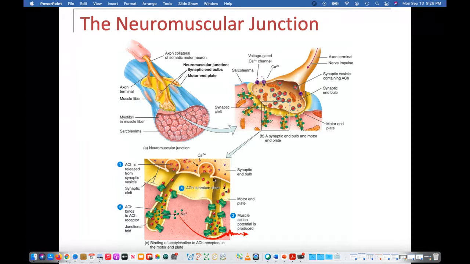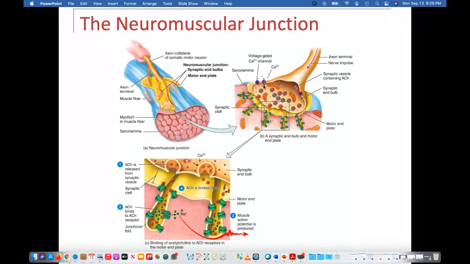The name of this gap or this space is referred to as a synaptic cleft. A synaptic cleft, C-L-E-F-T, a synaptic cleft. So this yellow gap right here is this yellow gap right here. This vesicle right here that's releasing the acetylcholine is this vesicle right here releasing the acetylcholine.